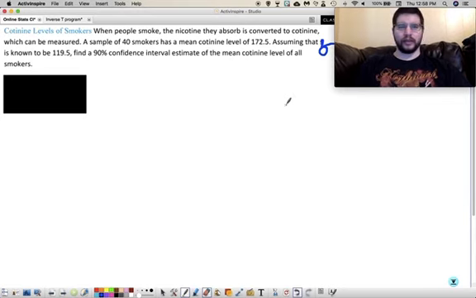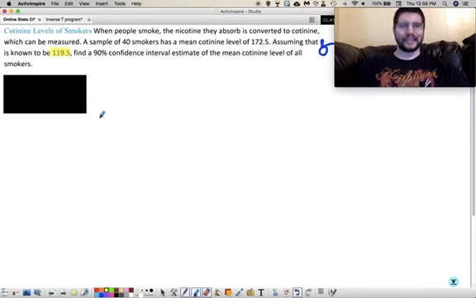When people smoke, the nicotine they absorb is converted into cotinine, which can be measured. A sample of 40 smokers has a mean cotinine level of 172.5. Assuming that sigma is known to be 119.5, find the 90% confidence interval estimate of the mean cotinine level of all smokers.